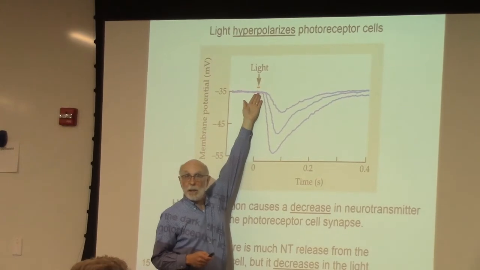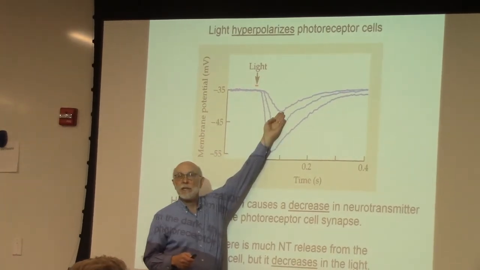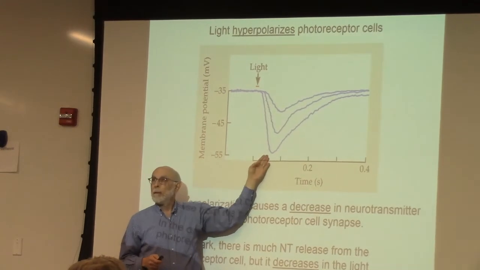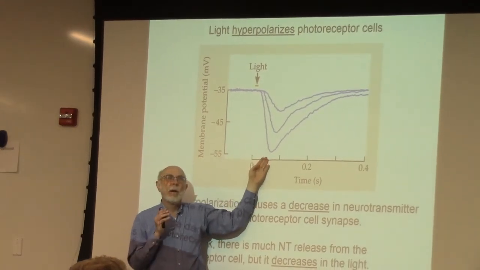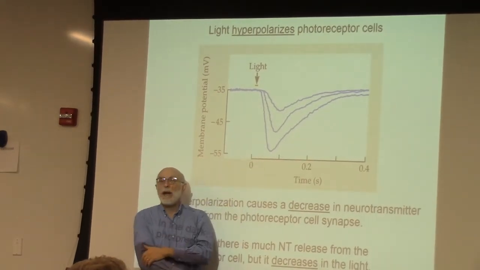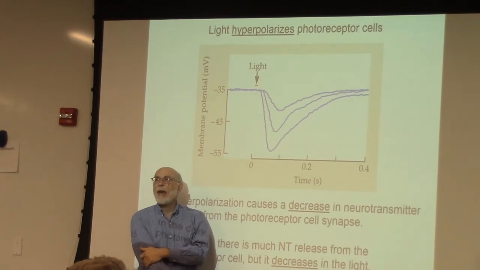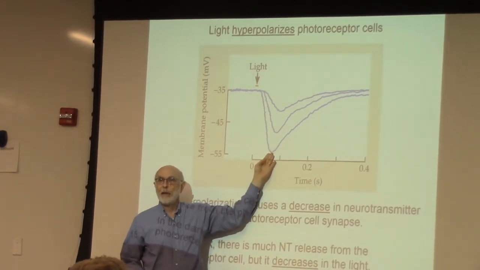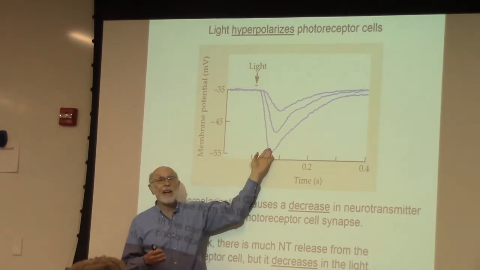Weak light causes a weak hyperpolarization. Brighter light, or a light that is more aligned with the spectrum of maximal activation of that opsin, causes a greater hyperpolarization. This is a graded response. This is not an action potential.